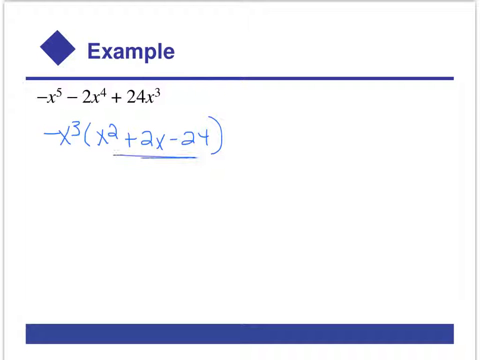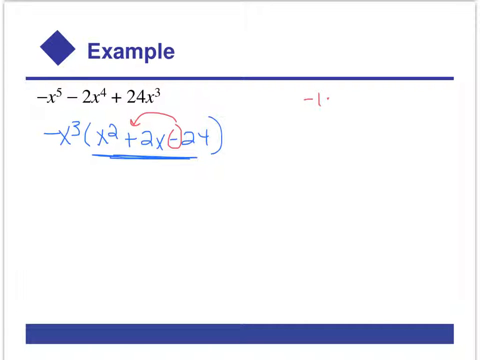Now let's look and see if we can factor these together. First thing I'm going to do is I'm going to look here. This is negative, and this is positive. So factors of negative 24 when added together will give us a positive 2. So that means that our larger number has to be positive.